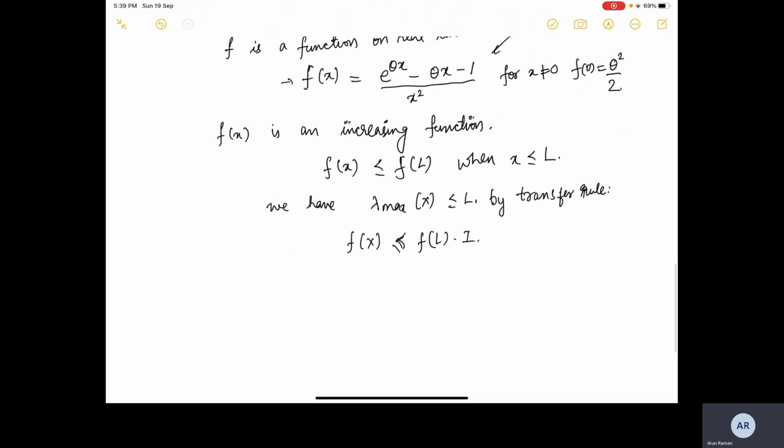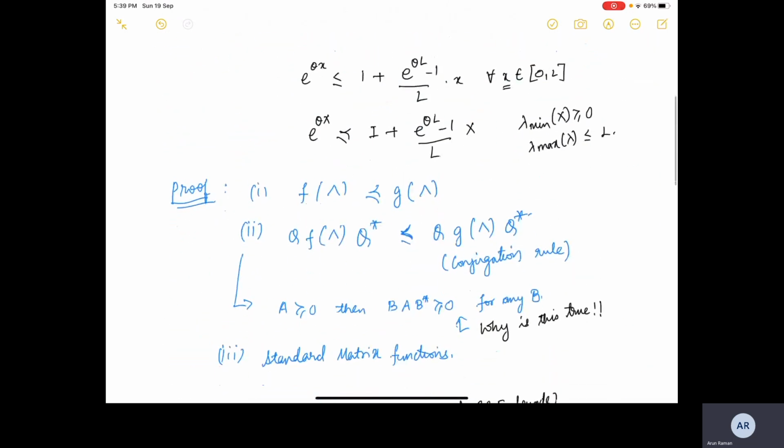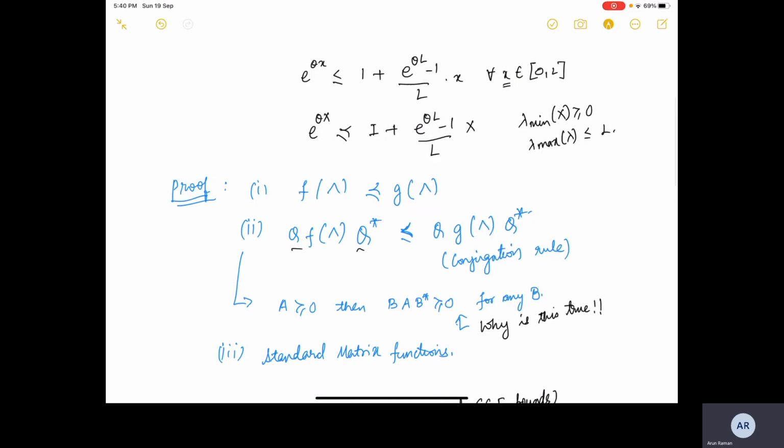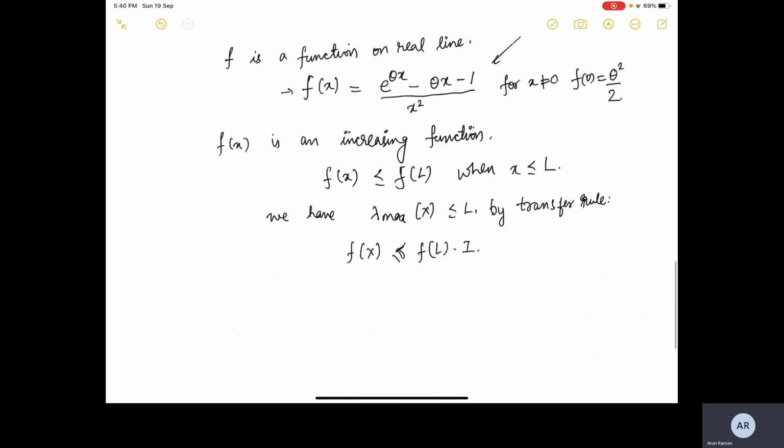Next, when we apply the transfer rule, that is one thing, and in parallel we also use the conjugation rule. We saw earlier that if we multiply by Q and Q star, the order does not change. So if f of lambda is less than g of lambda, then if we multiply by Q and Q star, the order does not change.